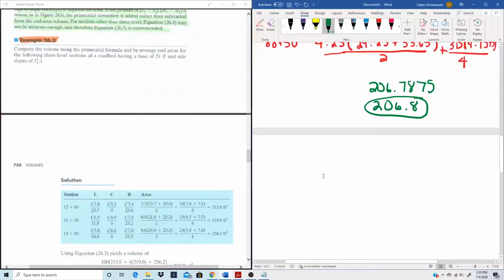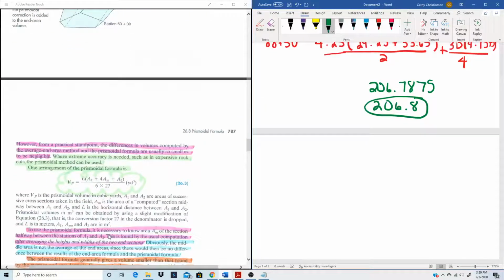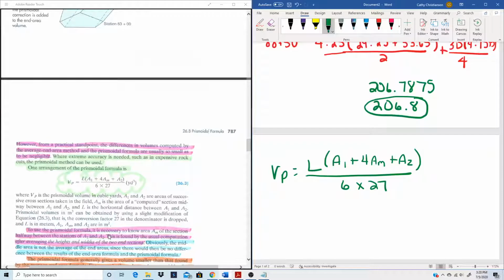Okay, so the formula, equation 24.3, I'm just going to scroll up to it for you right here. V sub P equals the length, area 1 plus 4 times the area in the middle, plus area 2, all over 6, times 27.